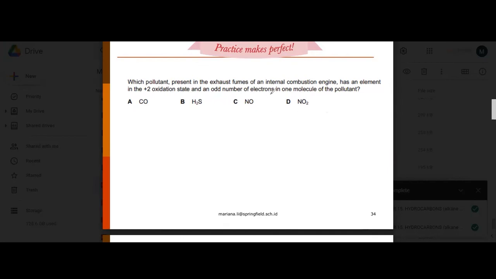A pollutant present in the exhaust fumes of an internal combustion engine has an element in the +2 oxidation state and an odd number of electrons in one molecule of the pollutant. You can see that this is +2, this is -2, so we note this. This is +2, this is +4, and we note this.